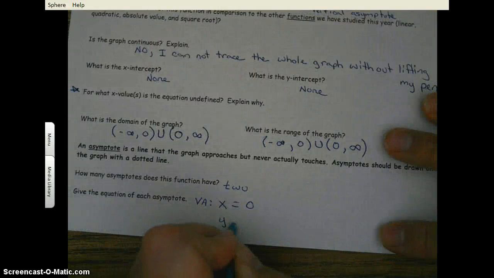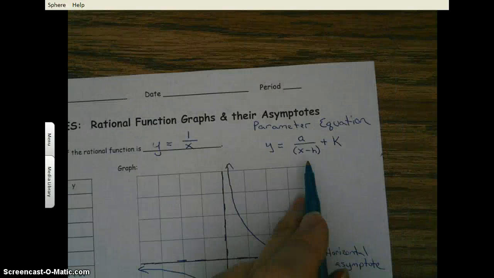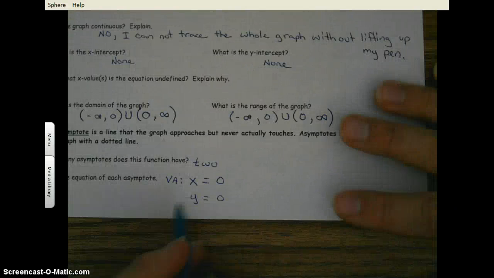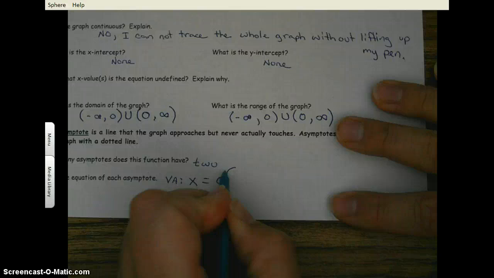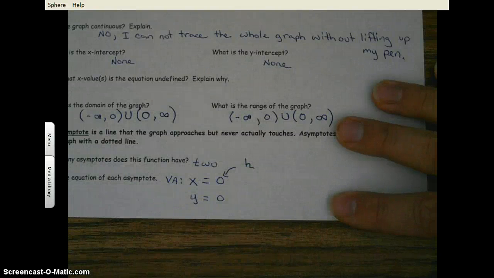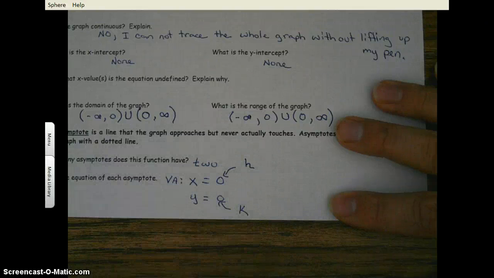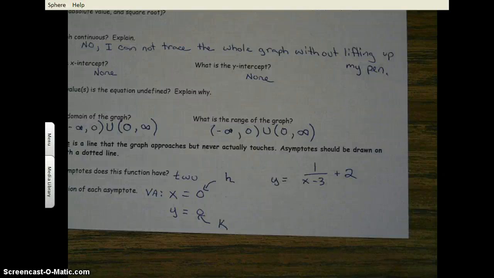Now, these values are related to our parameters. So this value will always align with the h in the parameter change equation, and this value will align with k. So what do I mean by that?